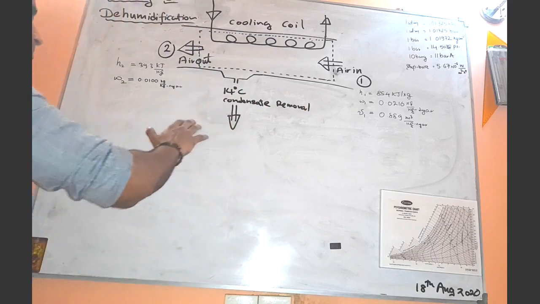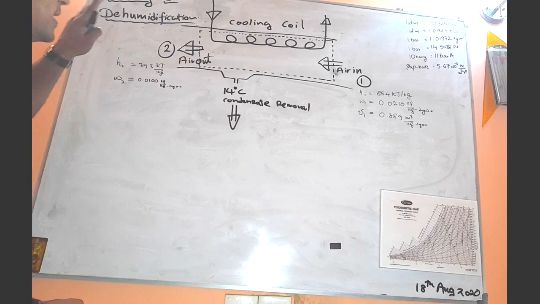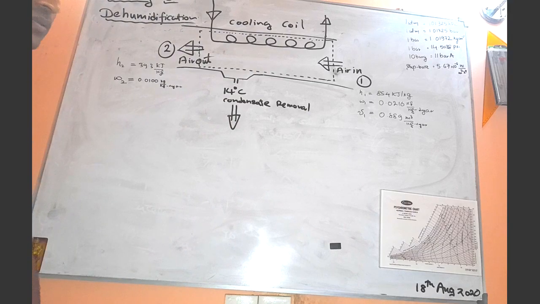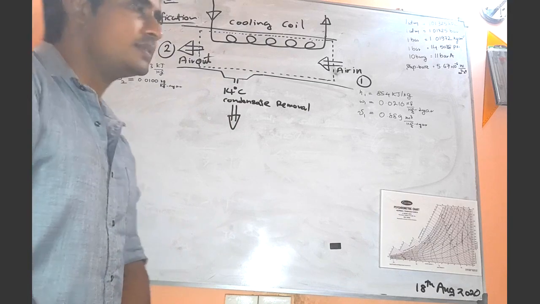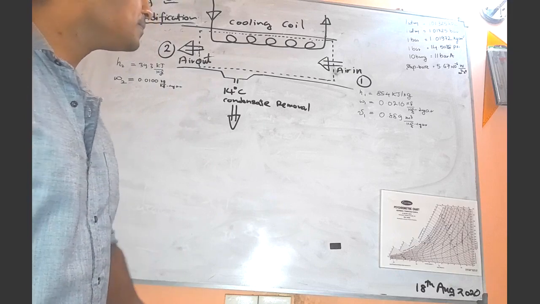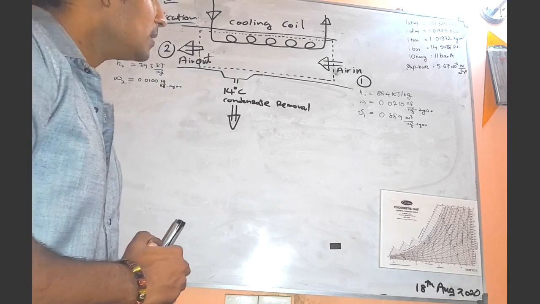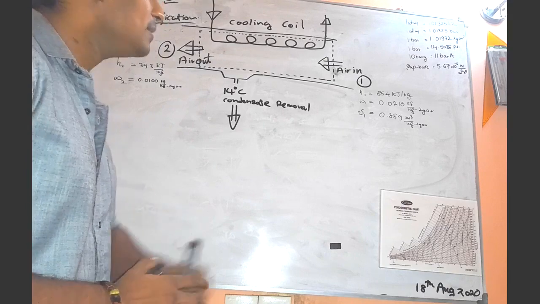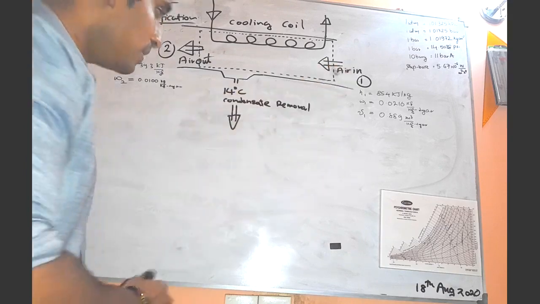This problem is based on cooling and dehumidification, right? So what actually happens under dehumidification? If you consider the humidity ratio at stage 1, it is omega 1.